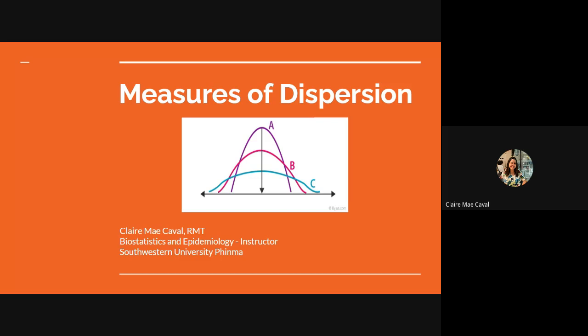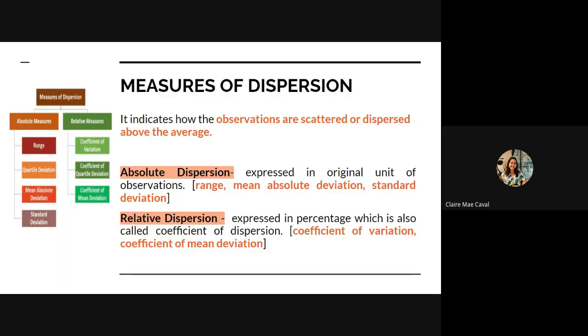Okay? So again, let's go back. Today we will be discussing the different measures of dispersion. When you say dispersion, what comes to your mind? Dispersion is the scattering of values, okay? When you say disperse, this is the scattering of the values of a frequency distribution from an average. So let's proceed.